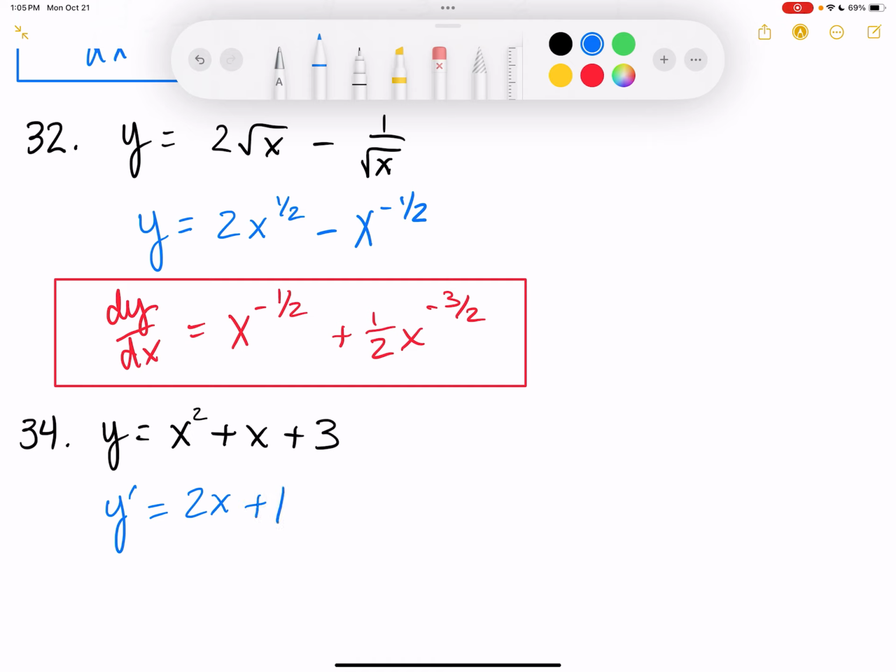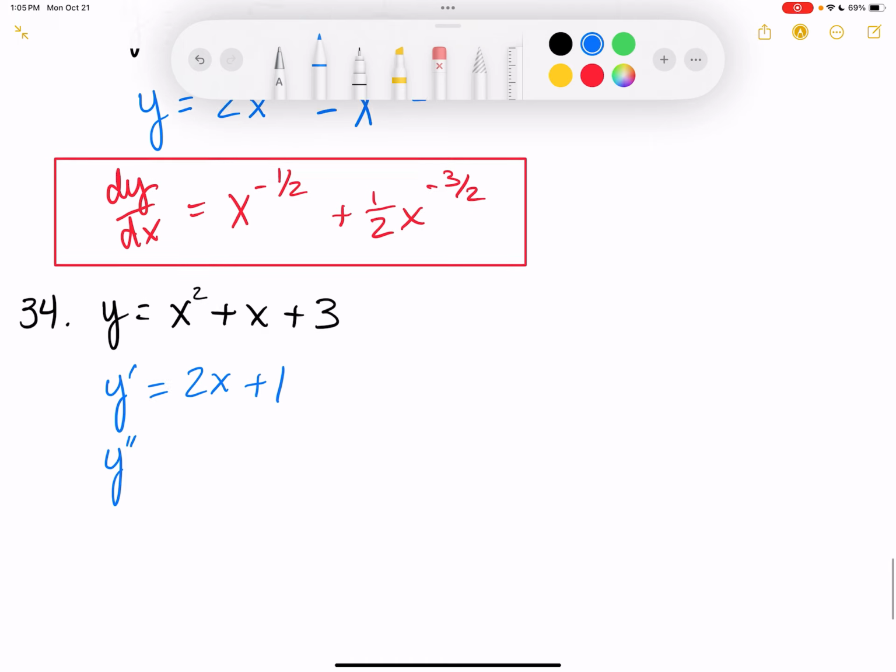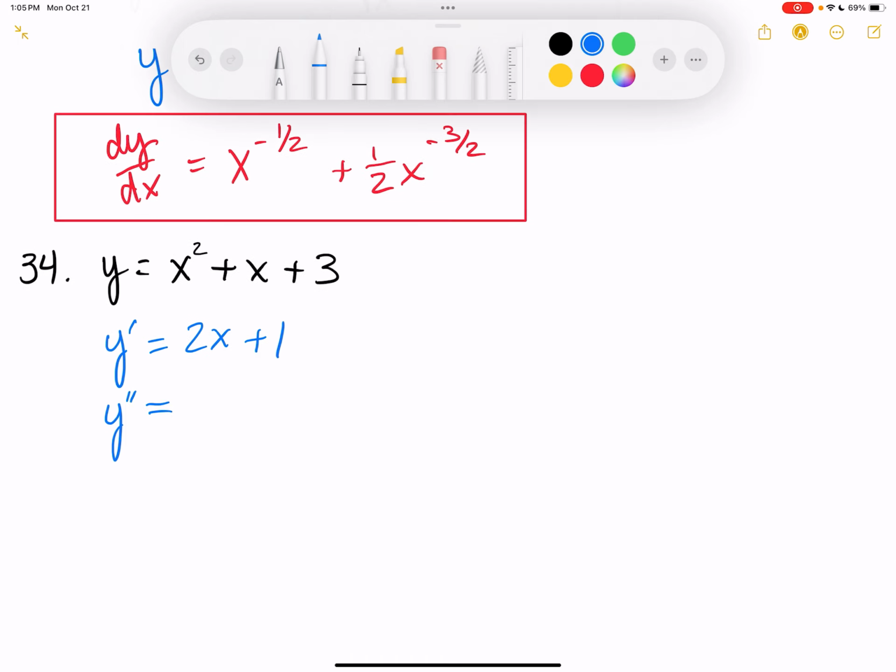That's fine. Take the derivative of that. That will be my second derivative: 2. Third derivative, it's y triple prime: 0. And fourth, it's the derivative of 0.